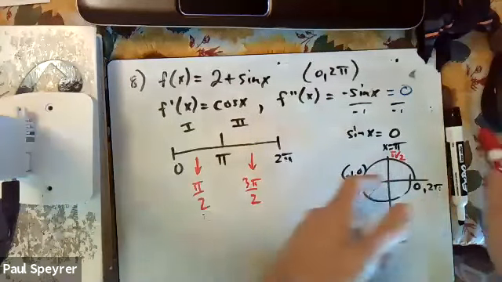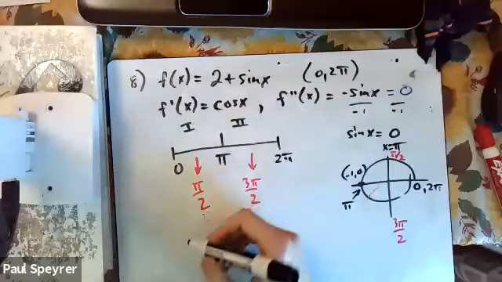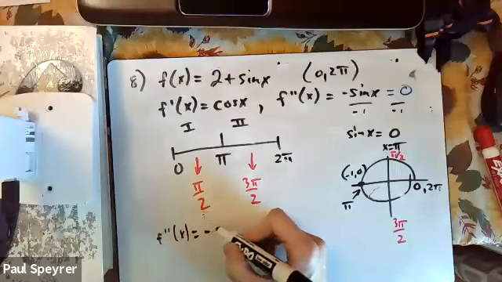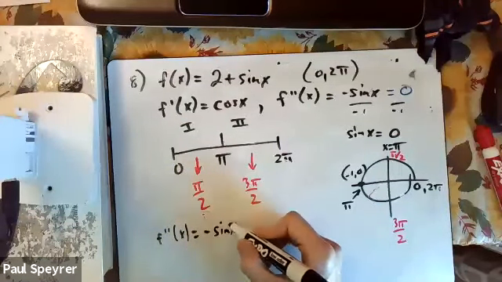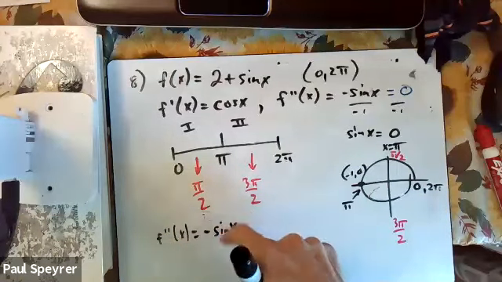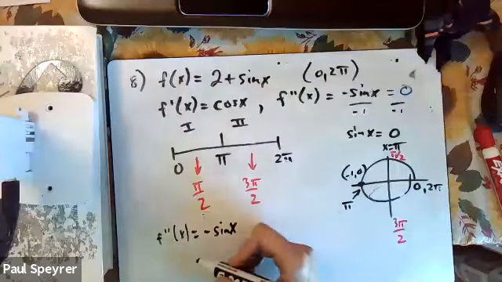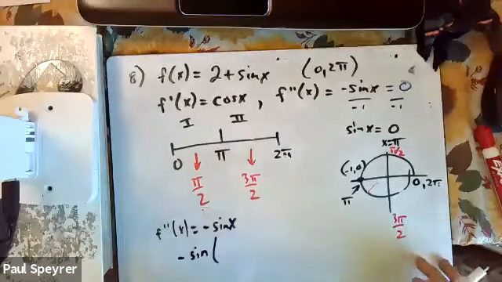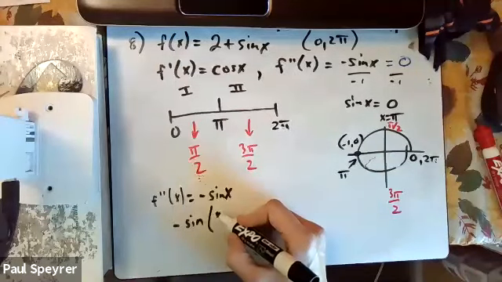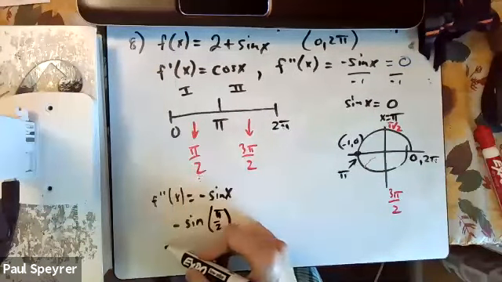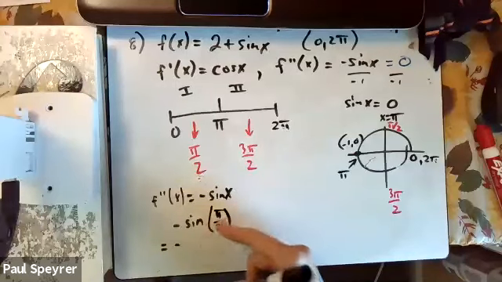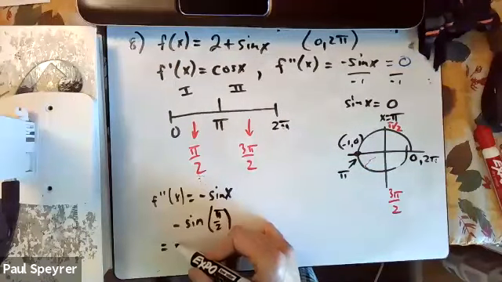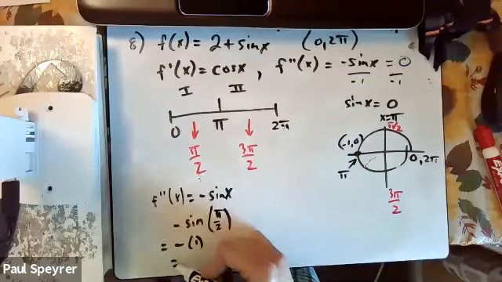Now, if we plug these in, remember we're plugging them into the second derivative. The second derivative was negative sine of x. And all we're trying to see is if we plug in these test values, are we going to get a positive or negative value in the end? So negative sine of pi over 2. What's sine of pi over 2? Sine of pi over 2 is 1. So this is negative times 1, that's negative 1.